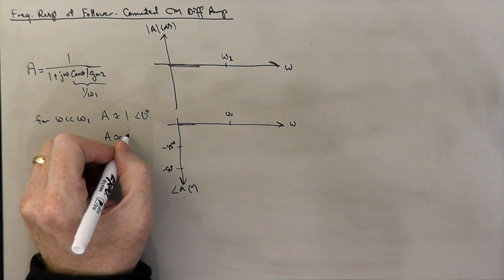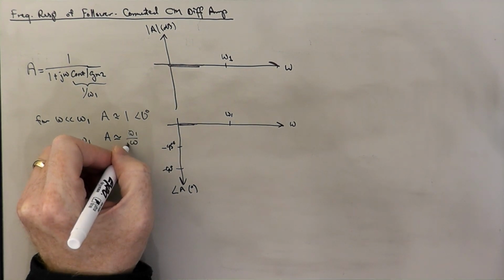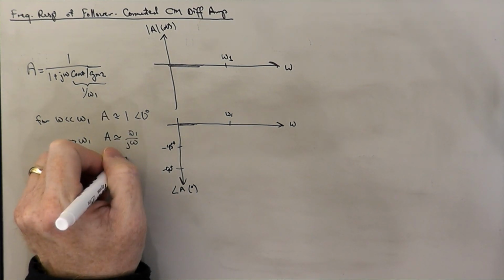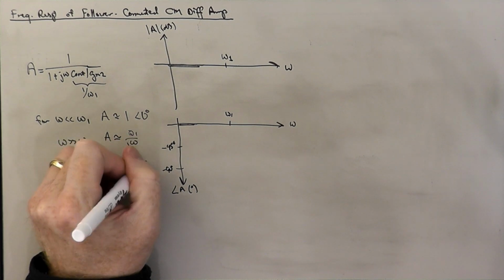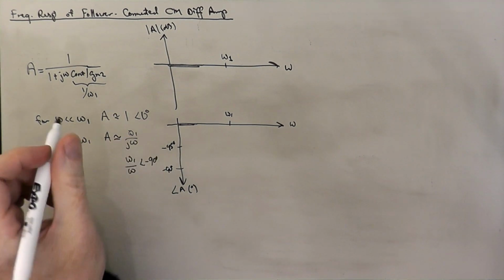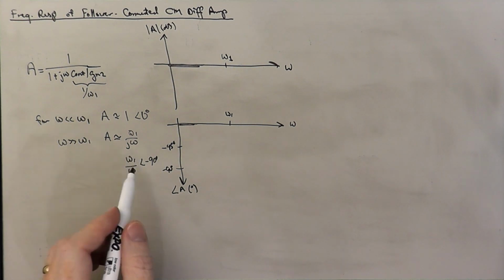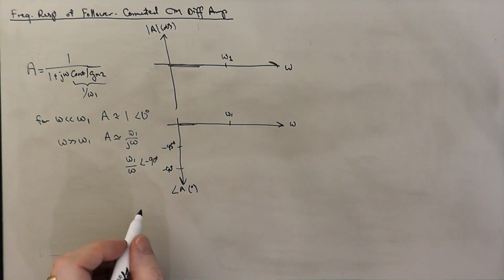The omega 1 is going to pop upstairs, omega 1 over j omega, and that's basically omega 1 over omega, angle minus 90. For the same reasons that we had, if we rationalize the denominator, we get a minus j, and that's going to have a magnitude of 1 and an angle of minus 90.